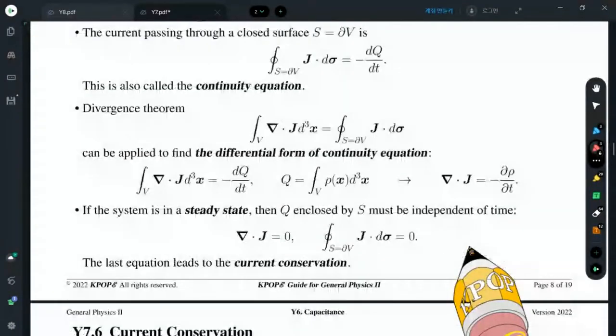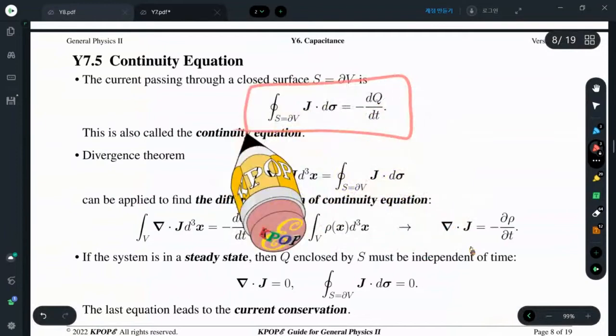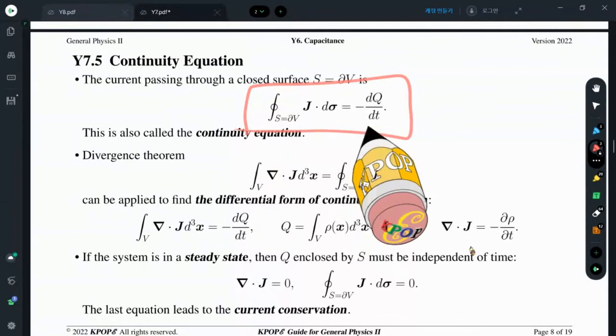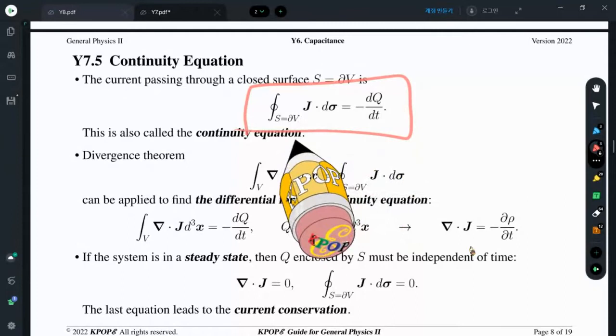Okay, the continuity equation. We learned this one in the previous semester, but let us summarize it. A current passing through a closed surface is represented by the continuity equation. Perhaps when we learn fluid dynamics, we only consider a constant current density case in most cases, but this is a general expression for the current continuity equation.